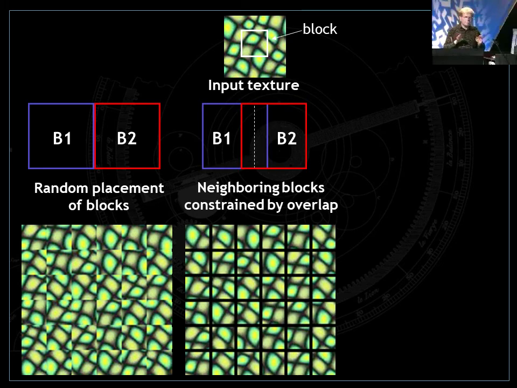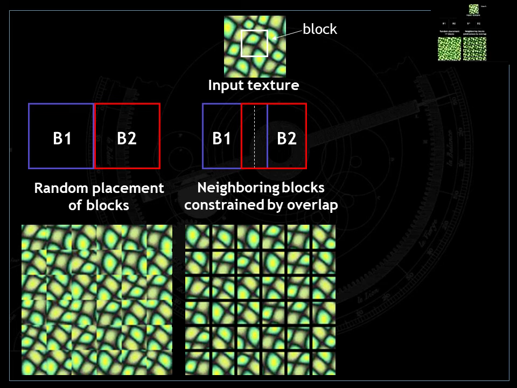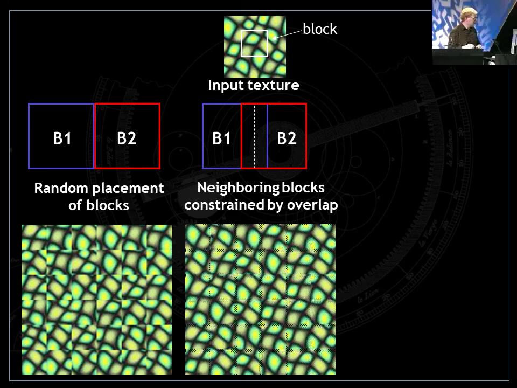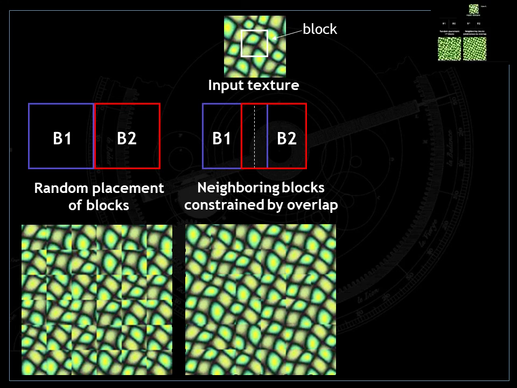Now we overlap the blocks a little bit. We introduce some amount of overlap. And so now to choose block B2, we don't just do it randomly. We choose it so that it somehow agrees with block B1 along the area of the overlap. And these are the blocks that were chosen this way. And then when we put them together, we get something that looks quite a bit better.